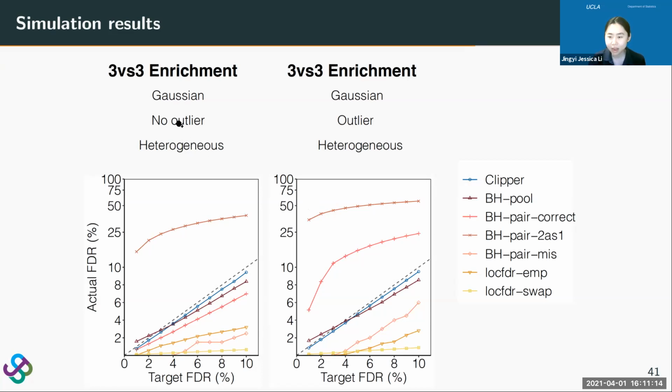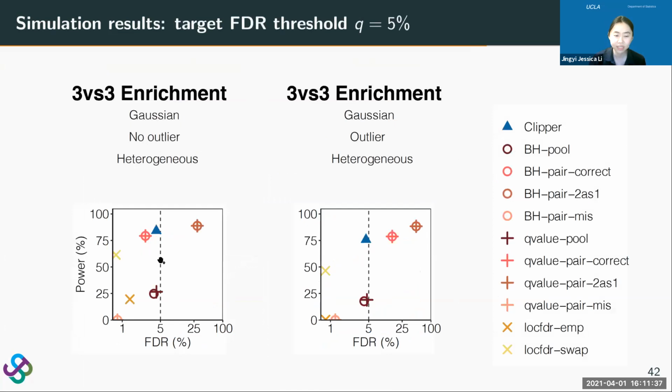When there's no outlier, the other methods are doing reasonable, but when there is an outlier, even assuming the correct Gaussian distribution can have inflated FDR. And this is a fact of the parametric assumption. So clearly, when there's an outlier, that parametric assumption doesn't hold. And now let's move on to the power comparison for 5% FDR. Again, we see that we control the FDR reasonably well, and we have very good power.